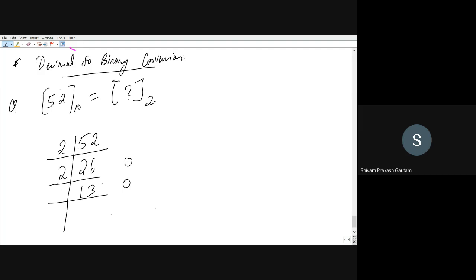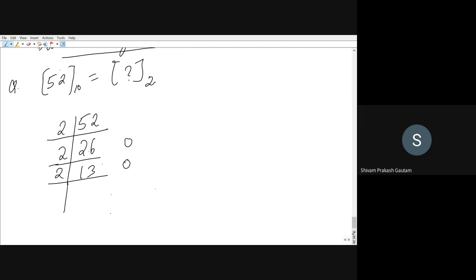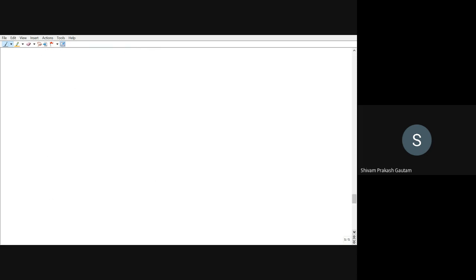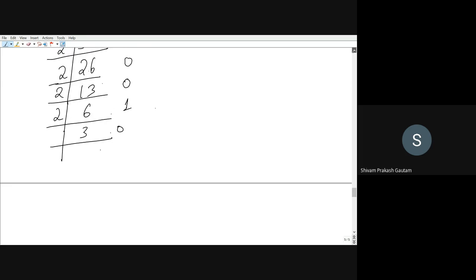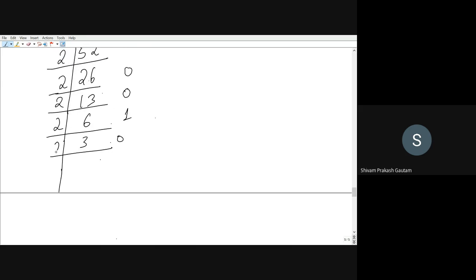Again, you divide by 2 until you reach a number which is not divisible by 2. 13 divided by 2 gives 6, and the remainder is 1. Again, dividing by 2 gives 3, and the remainder is 0. Again, divide by 2: it gives 1, and the remainder is 1.